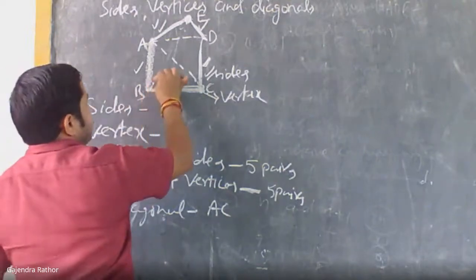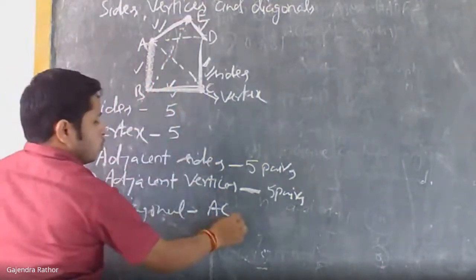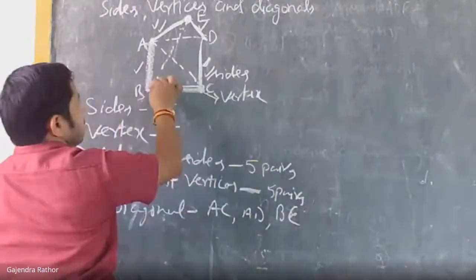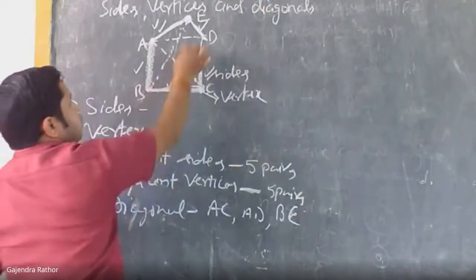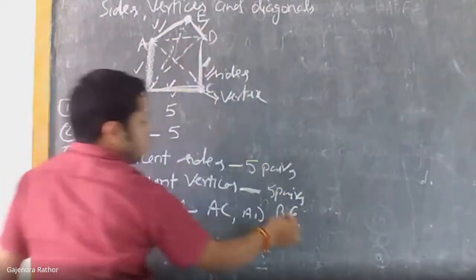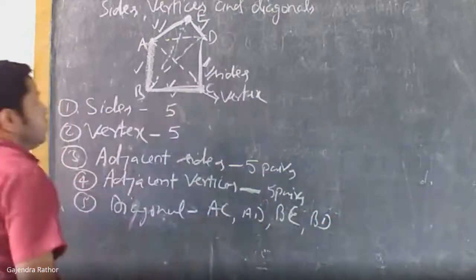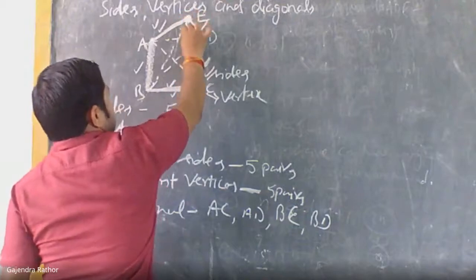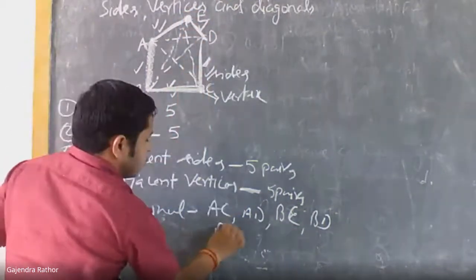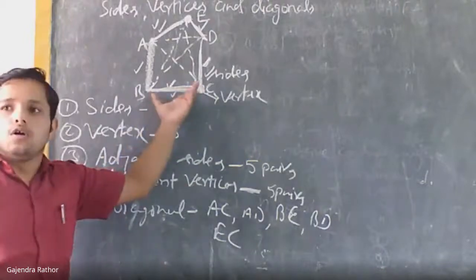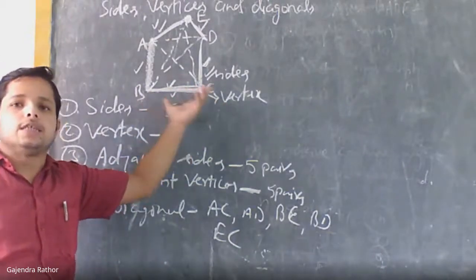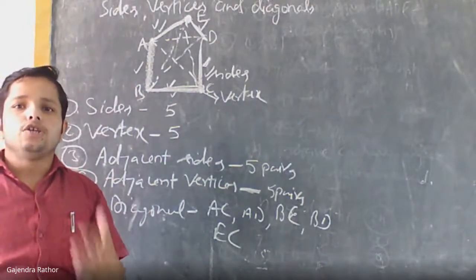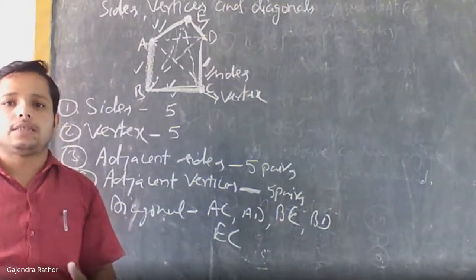B to E. The next is AD. The next is BE. Next we can join B to D. Now we can join E to C. So the next diagonal is EC. So there are 5 diagonals in this polygon. So a diagonal is the line which connects any two non-adjacent vertices.